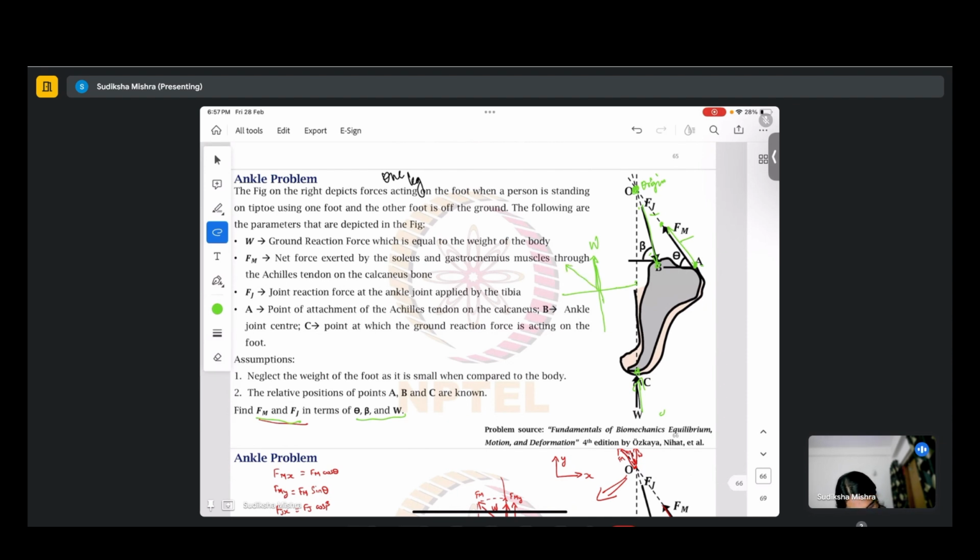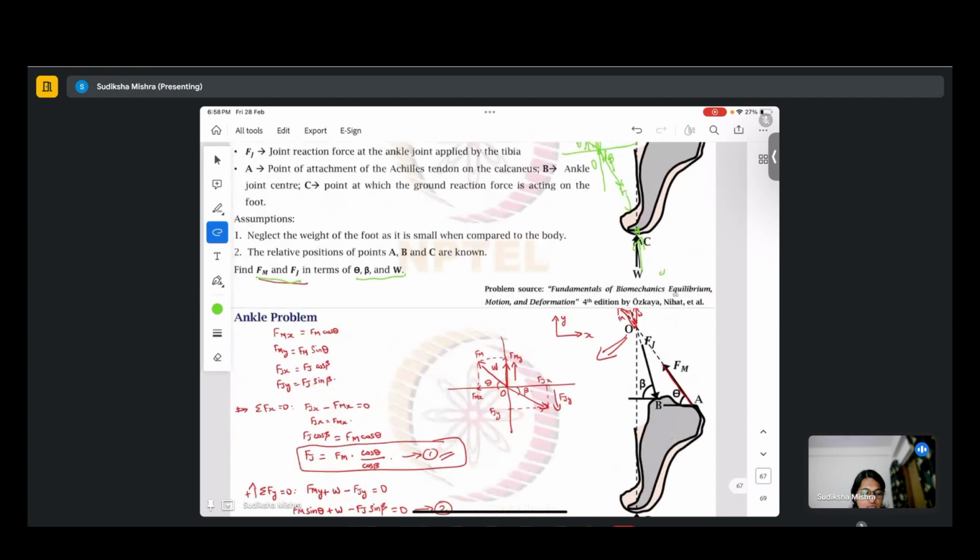Fm is acting here at an angle of theta, and Fj is acting here at an angle of beta. So if Fj was acting here at an angle beta, using the parallelogram law, you can just shift the angle here. This is beta and this is Fj. So all of these are acting at one single point.